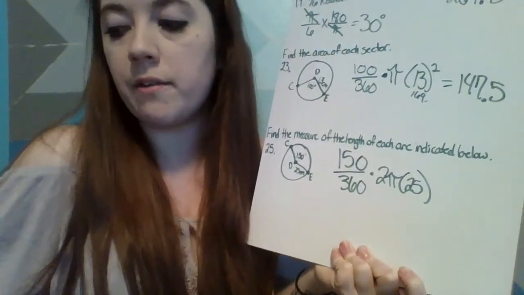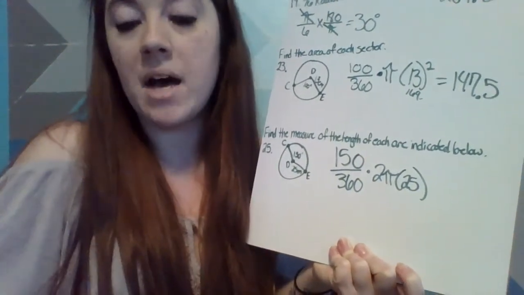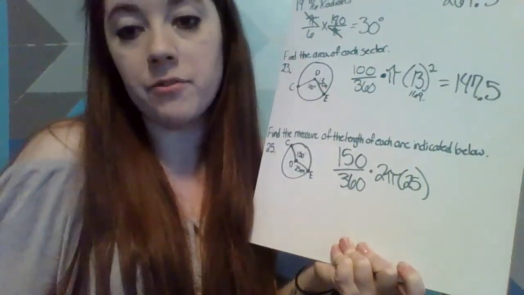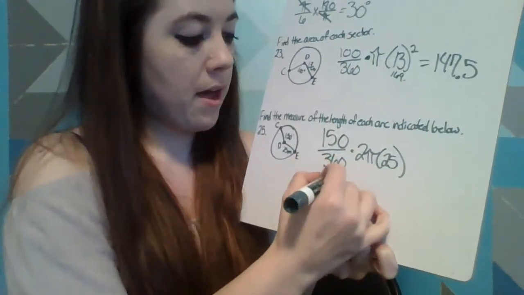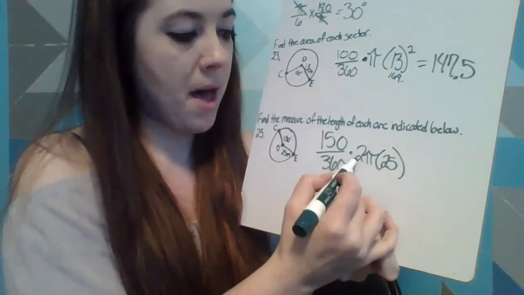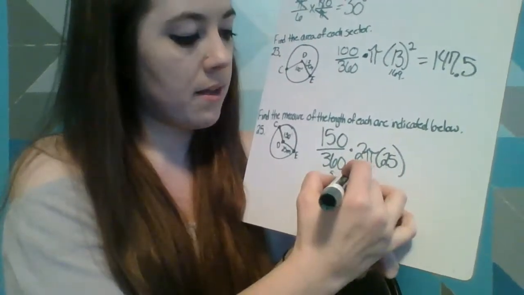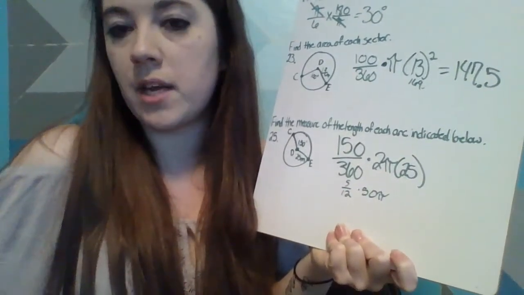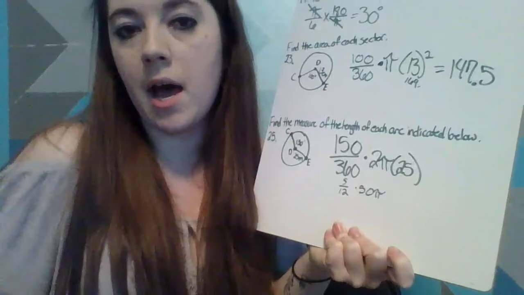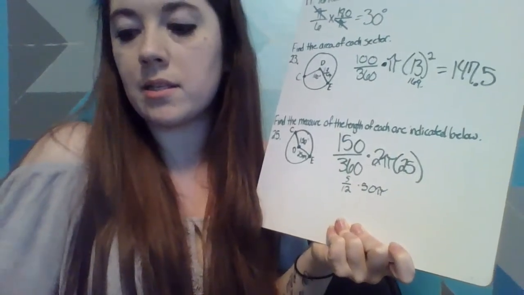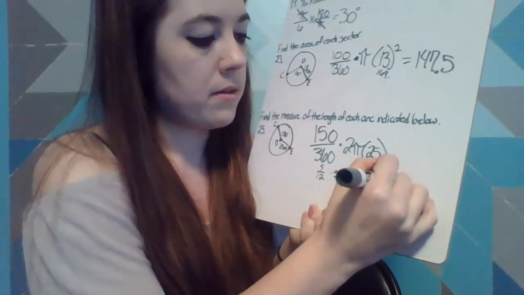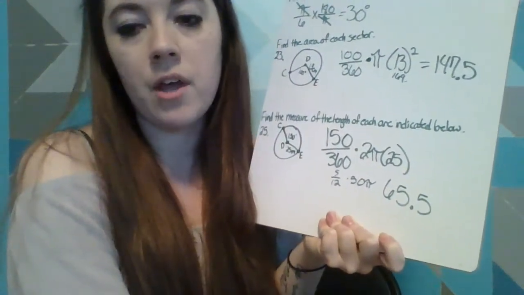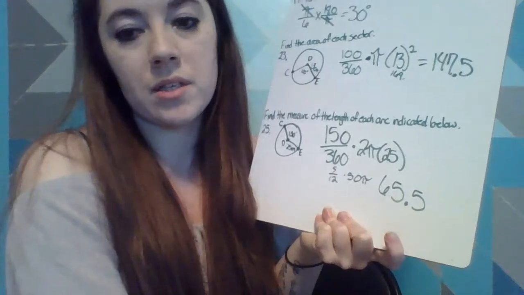So we take 150 and we divide it by 360, and we end up with 5/12. So this is 5/12. Then we're going to multiply that by, well, 2 times 25 is 50 pi. So times 50, and then times pi, which is going to get us 65.5. It was 65.45. Feel free to round that up to 65.5.